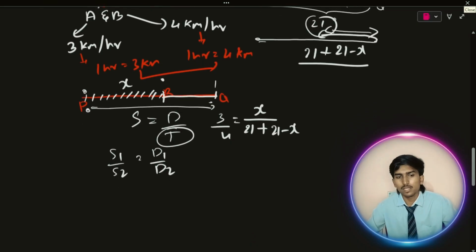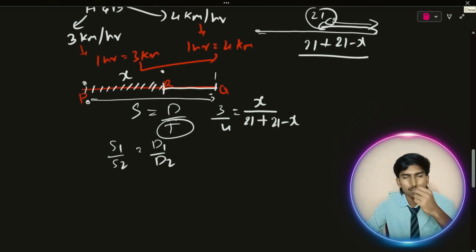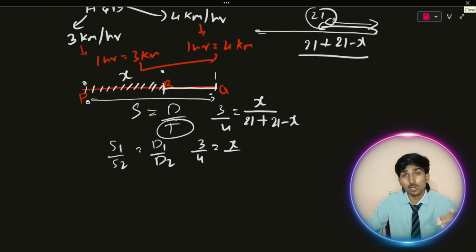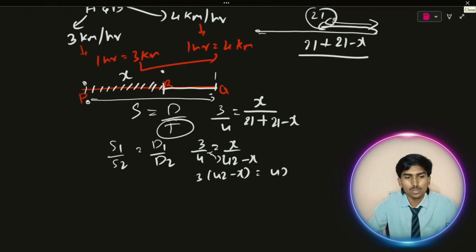Then if you solve this, you'll get a clear idea about what the distance actually is. 3 by 4, you know how to solve. 3 by 4 is equal to x over 42 minus x. I'm solving step by step because everybody should understand. Just cross multiply: 3 into 42 minus x equals 4 into x.